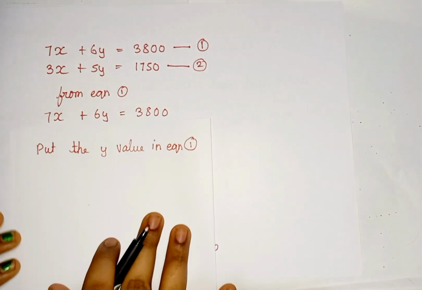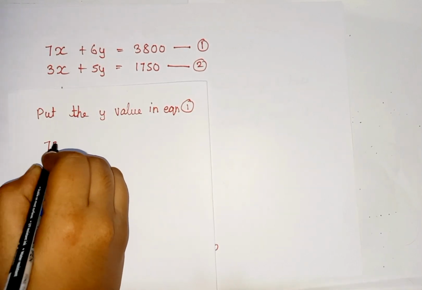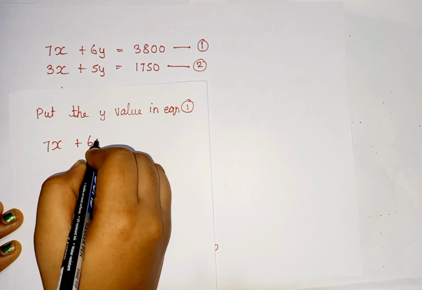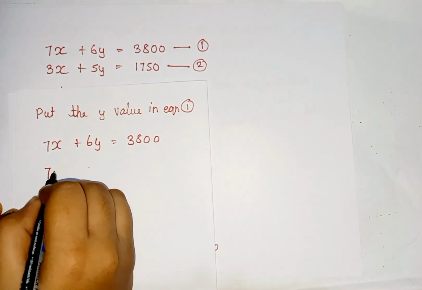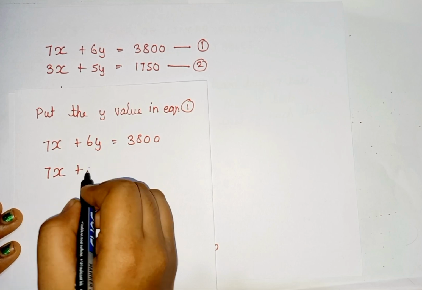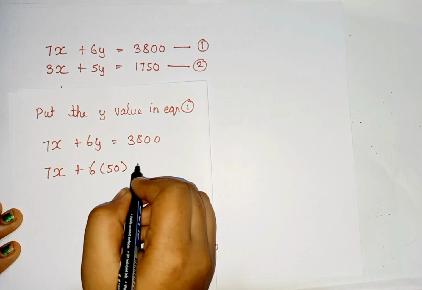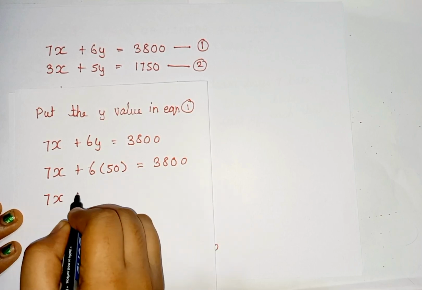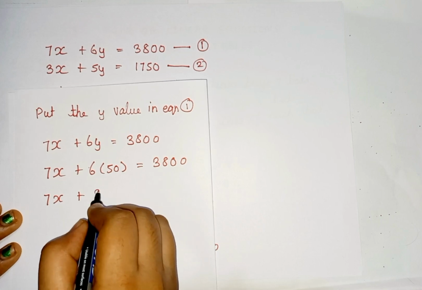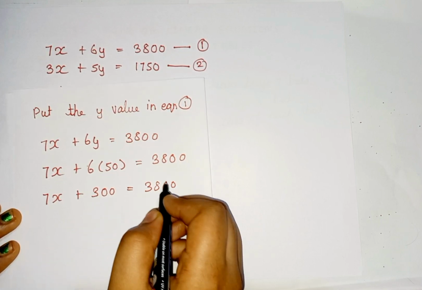Equation number 1 is this one, that is 7x plus 6y is equal to 3800. So 7x plus, in the place of y we are supposed to write 50, is equal to 3800. 7x plus, so 6 into 50 is 300, is equal to 3800.